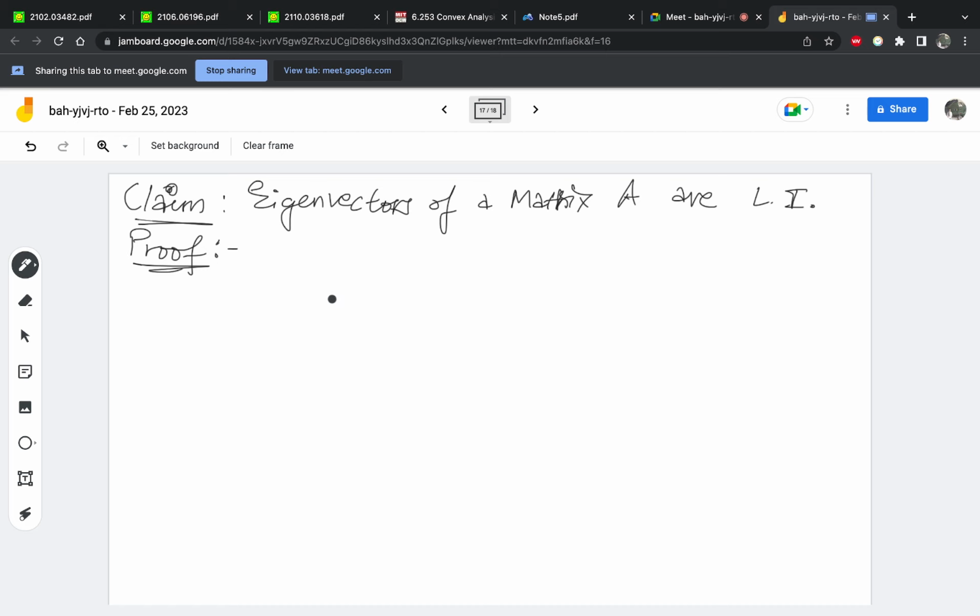Will the eigenvectors have the same values, or is there no restriction as such? I see what you are saying. I've not given anything like that. I will just say that there is a matrix, there are a bunch of eigenvectors, and those eigenvectors are linearly independent. I've not said anything about eigenvalues.